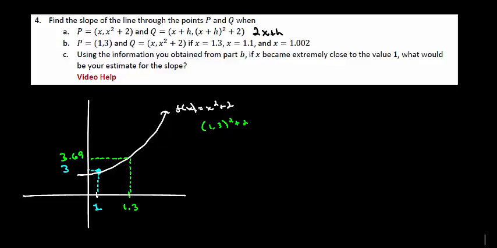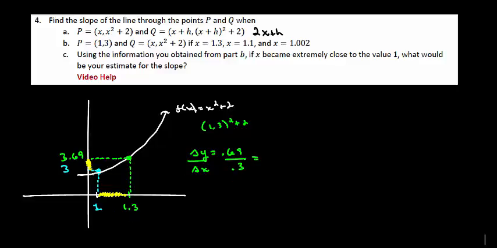So this right here is the change in the y. This right here is the change in the x. So if I want to find the slope of the line containing those 2 points, I'm going to take the change in the y, which is 0.69, and divide it by the change in the x, which is 0.3.